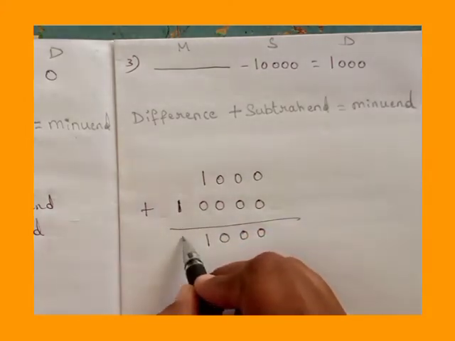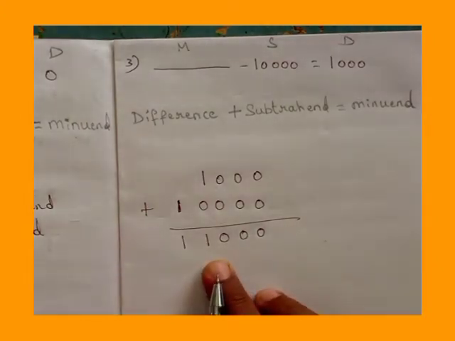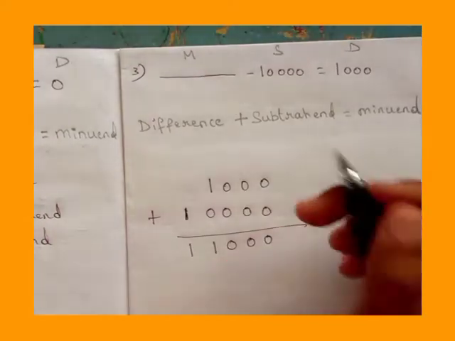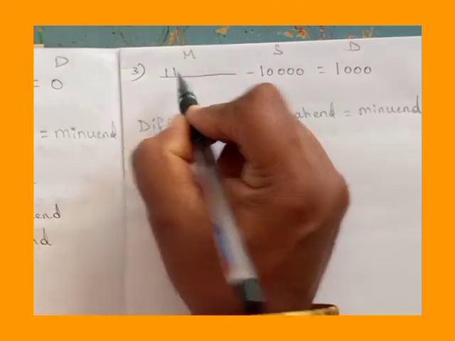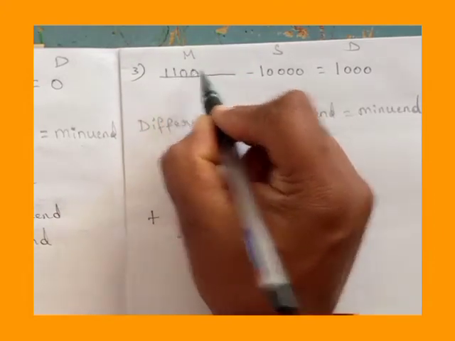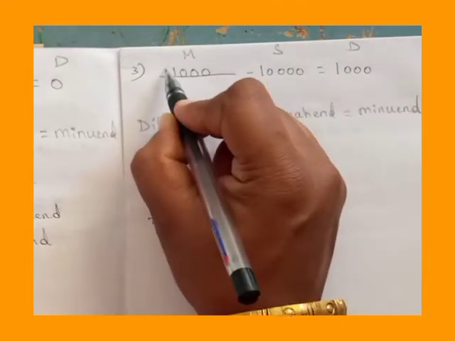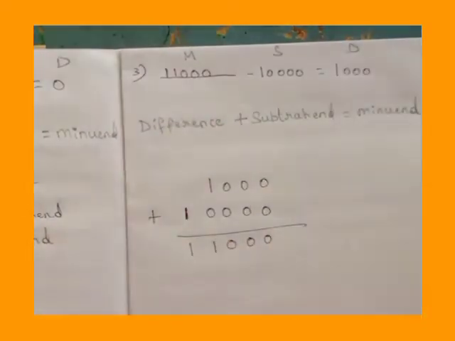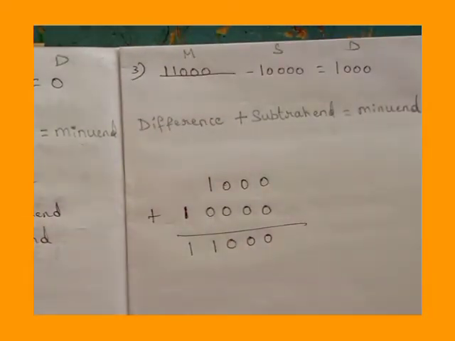So here 1 will come as it is. So what will be the minuend, dear children? Yes, it's 11,000. So minuend will be 11,000.